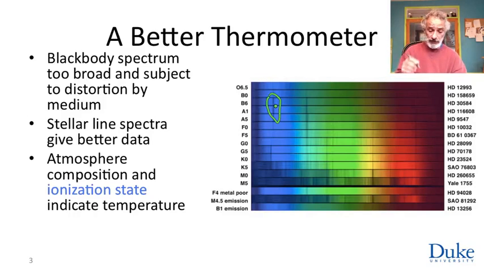And the interpretation that is understood in the 20s is that this organization, and the reason B comes before A is because there was previously another organizing principle, and this was understood later. This organization is in direction of decreasing temperature. So O stars are the hottest stars and M stars the coolest stars.